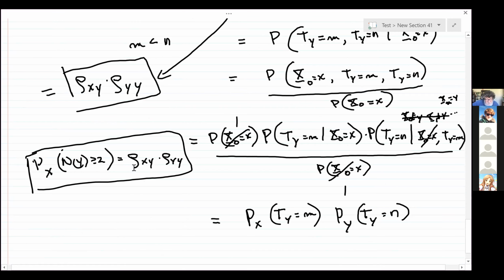So the first factor here you can think of as the chance of getting from x to y for the first time. Well, okay, once that occurs, now you're at y and you want to get back to y again. Why? Because you're visiting y twice. So that would be the probability of getting from y back to itself. So that's the interpretation.